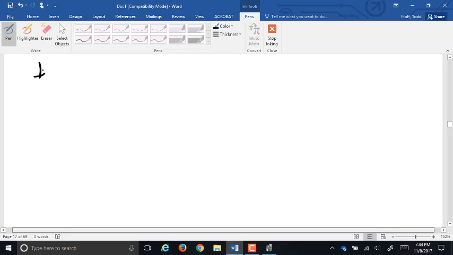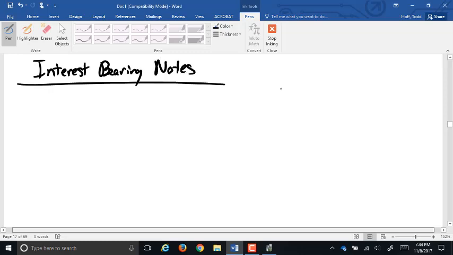Okay, so some of what we've been doing has been investments and savings accounts. Some of what we've been doing is a loan. They're interest-bearing notes. And there are two types of interest-bearing notes. There's a simple interest note, which is what we've been talking about.